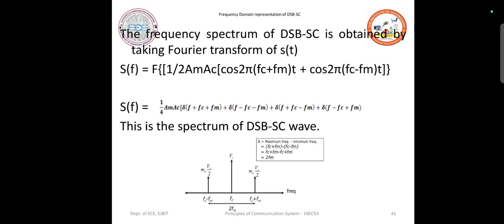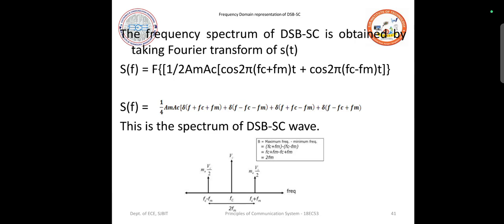Okay. How do you write the frequency domain representation of it? Now this is easier because you've got two cos components there, and the frequency values are fc + fm and fc − fm. So you will have 4 deltas appearing: delta of f − (fc + fm), plus delta of f − (fc − fm), and the corresponding terms at negative frequencies.